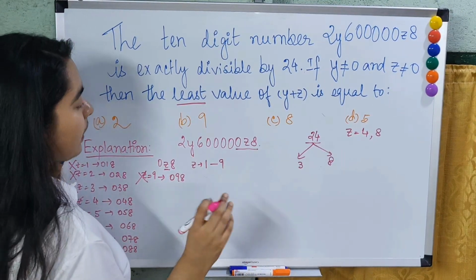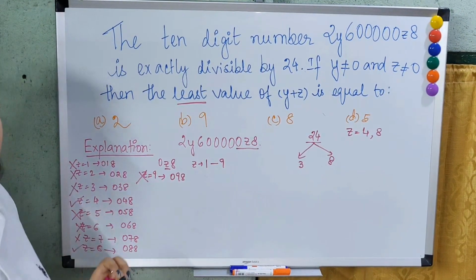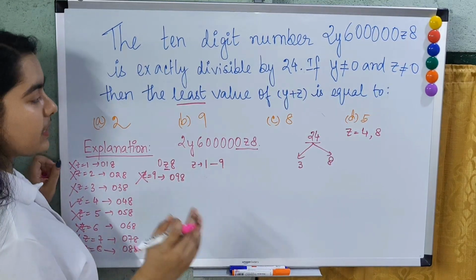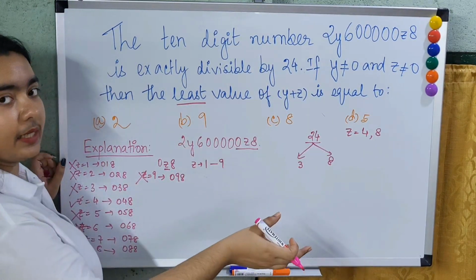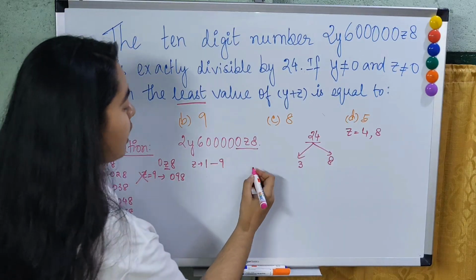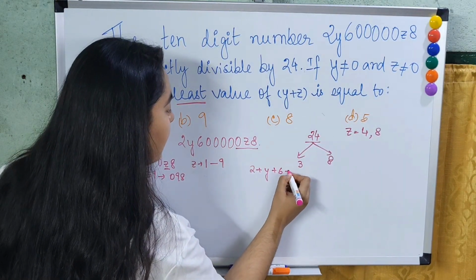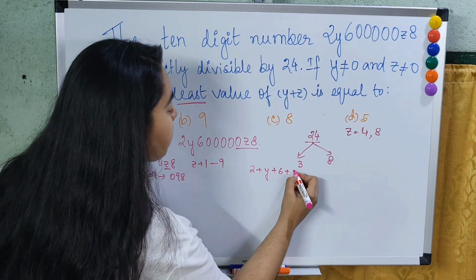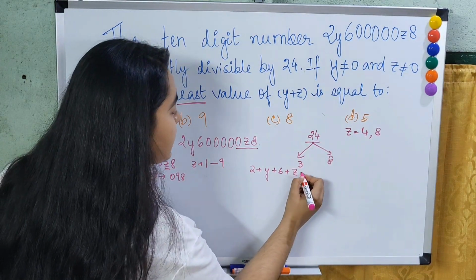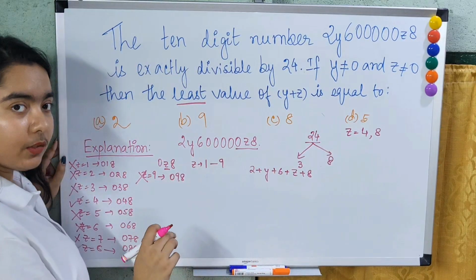Okay. Now this number is also divisible by 3. We know that if a number is divisible by 3, the sum of the digits of that number is divisible by 3. So we get 2 plus y plus 6, plus z plus 8. The zeros give us nothing, so we are not writing them. This sum must be divisible by 3.